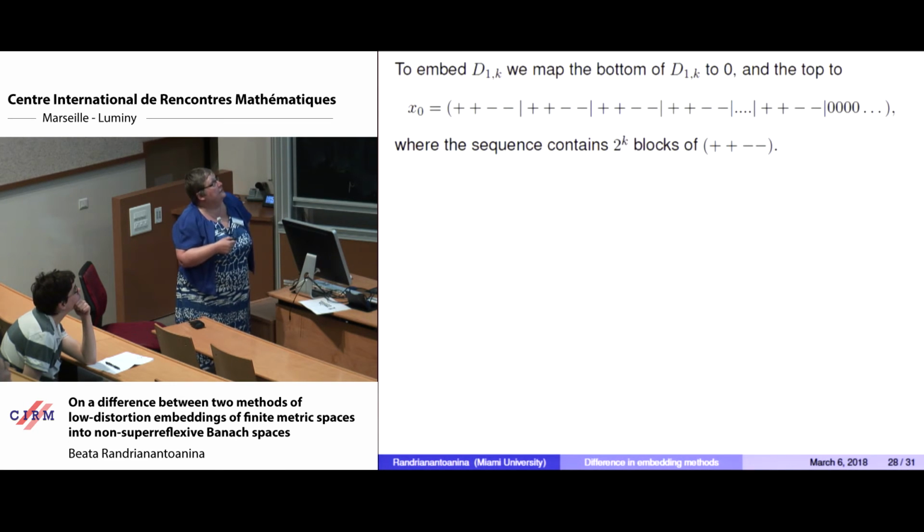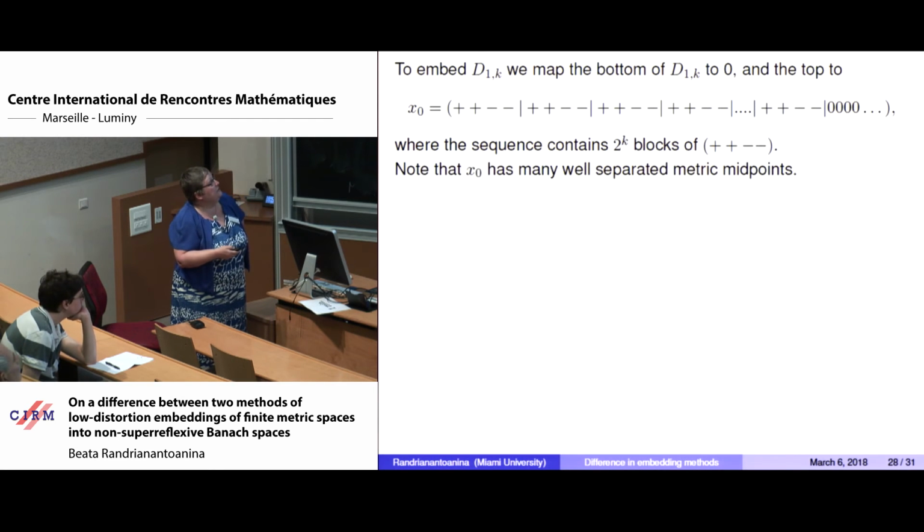So we have this one group of 4, another group of 4, a big bunch of groups of 4, which will be followed at the end by bunches of zeros. And each of those groups I call blocks. So if I want to embed a diamond which has k branches, I will put 2 to the power k blocks like that over here. That will be my top vertex.